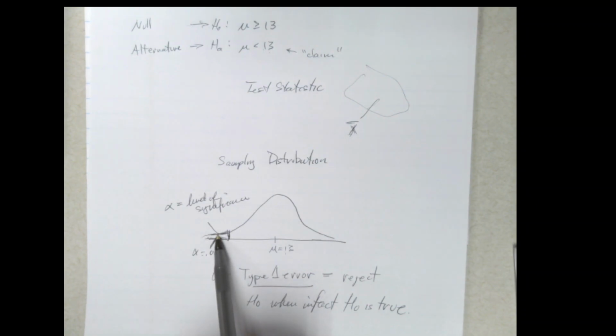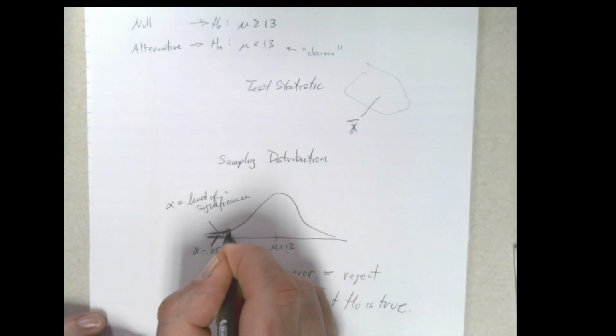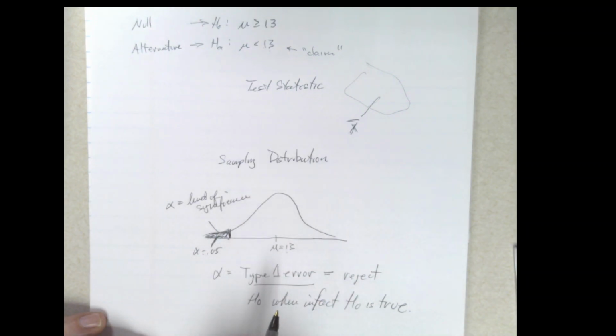And when it lands over there, I say, oh, that's not likely, that's probably not true. But in fact, I made a type 1 error. Just through random sampling, I ended up getting a sample there. Not likely, but it could happen, and that's the type 1 error. So alpha is the size of the rejection region, and it's also the probability that I could get a type 1 error.